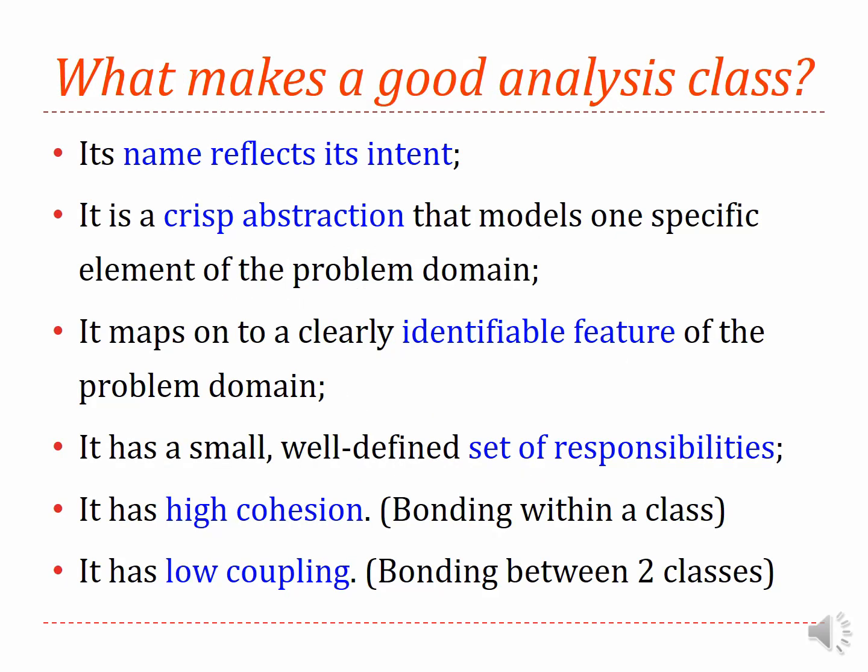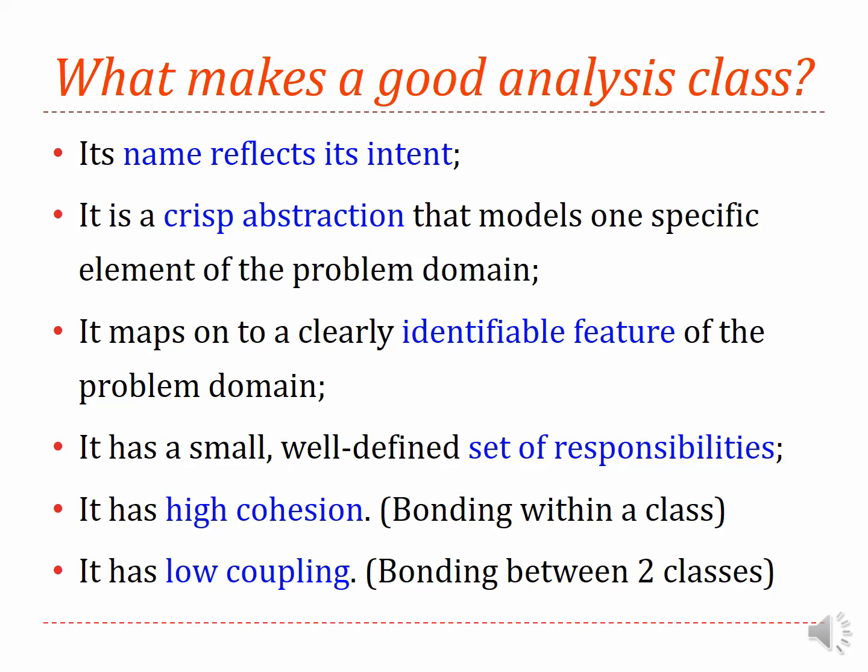Next we discuss what makes a good analysis class. A good analysis class should have a meaningful and descriptive name that reflects its purpose. It should represent a single concept from the problem domain and focus on specific responsibilities.